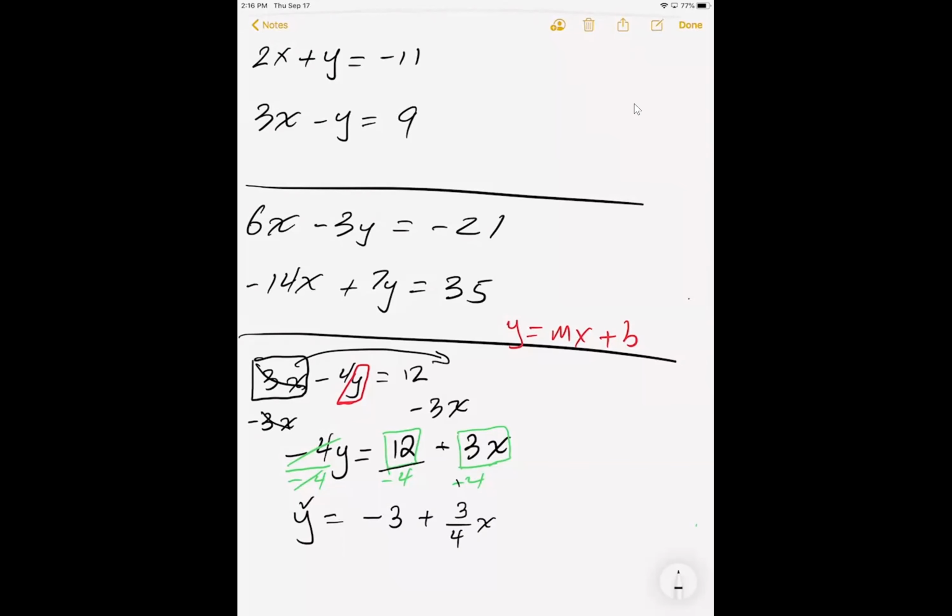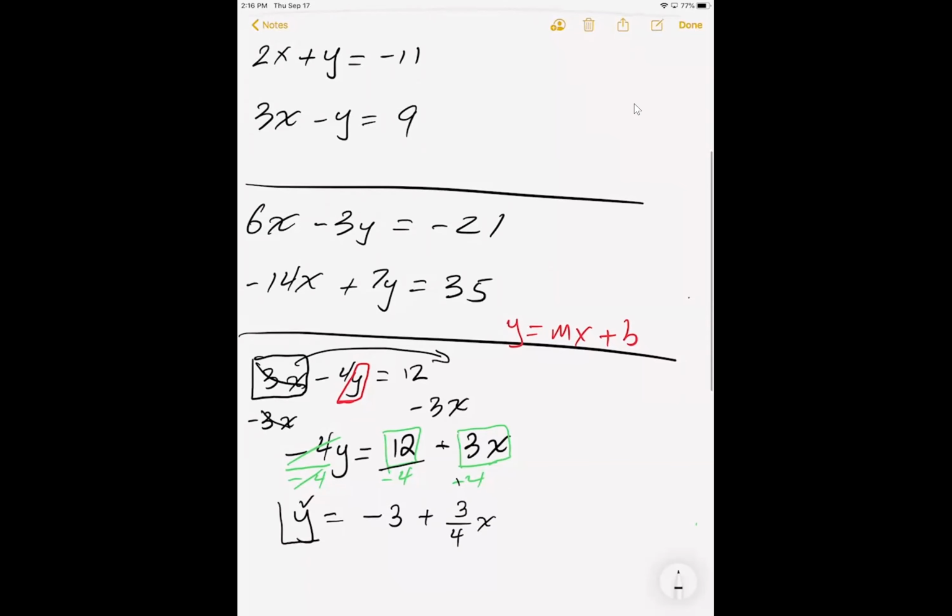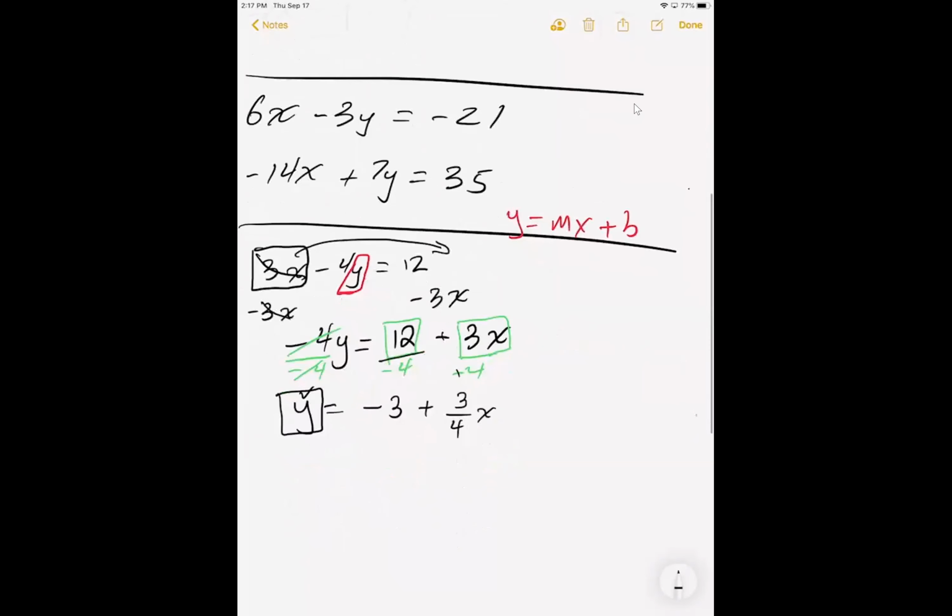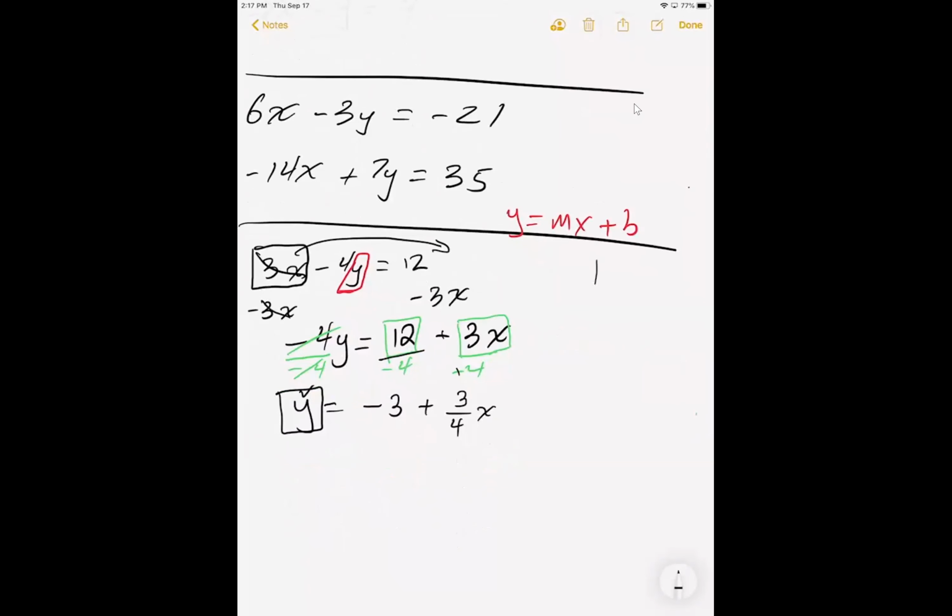So we got this, ladies and gentlemen. Our goal has been met. My y is by itself. And this we call slope-intercept form. Everybody see that the only thing different between this item and the slope-intercept form I have up here is that my x is in the back and my constant is in the front.